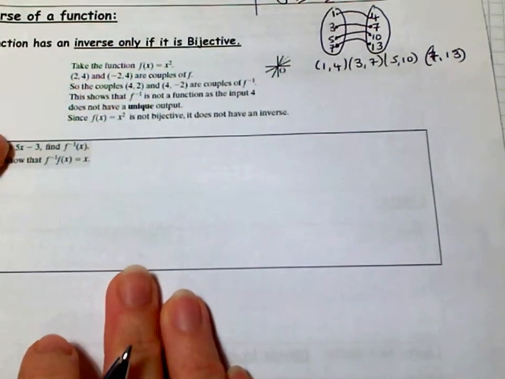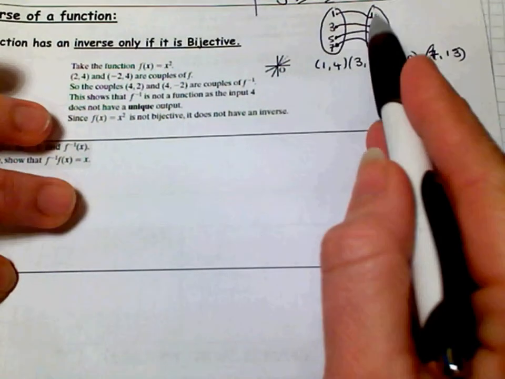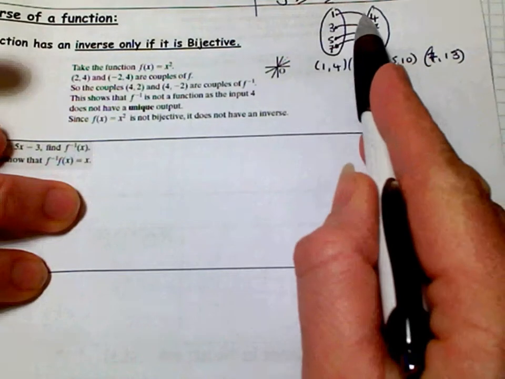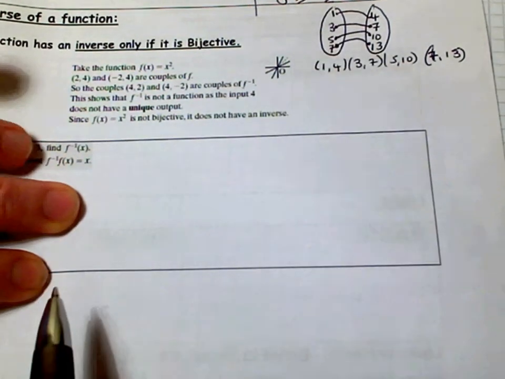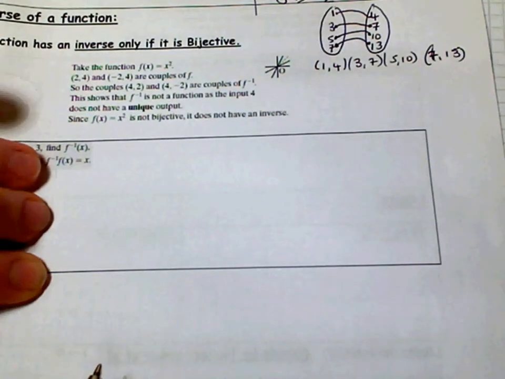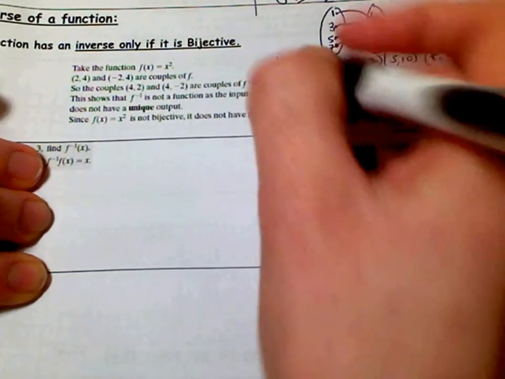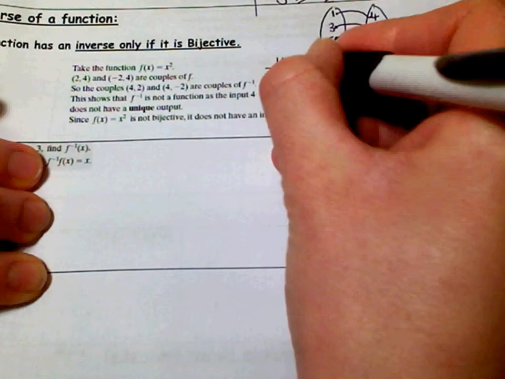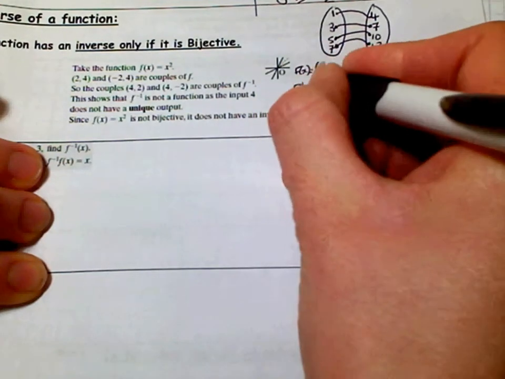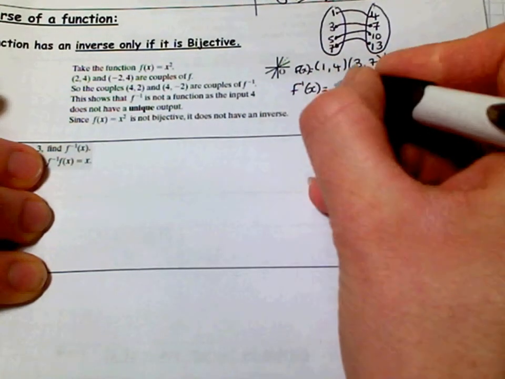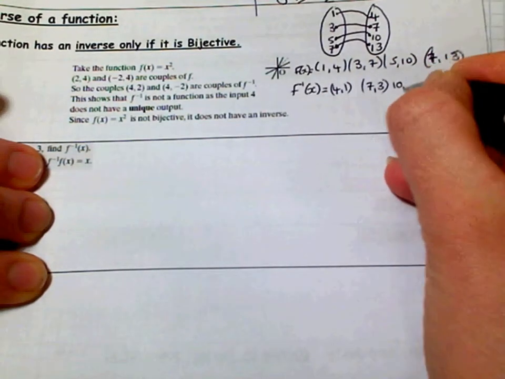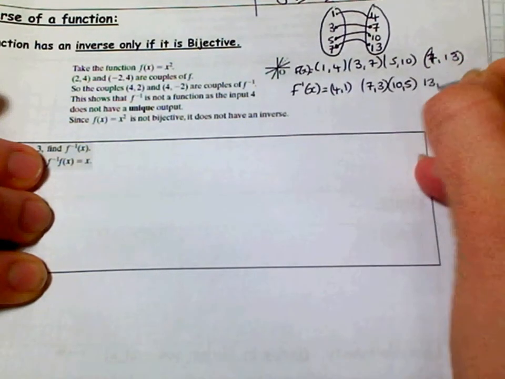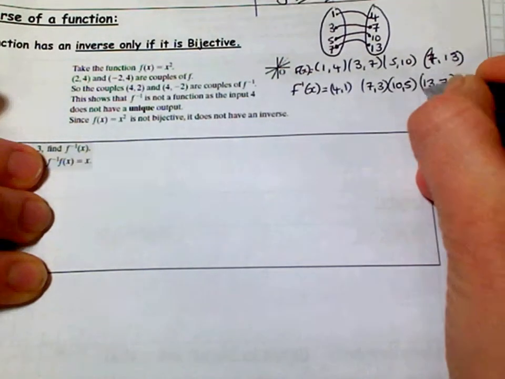Now, if you work backwards and go from the range back to the input, or from the output back to the input, you end up with what's called the inverse of a function. So the inverse, if that there is f of x, then the inverse of f of x is going to be 4, 1, 7, 3, 10, 5 and 13, 7.